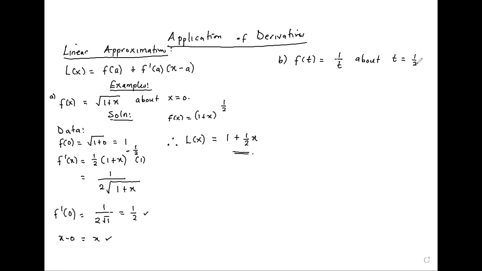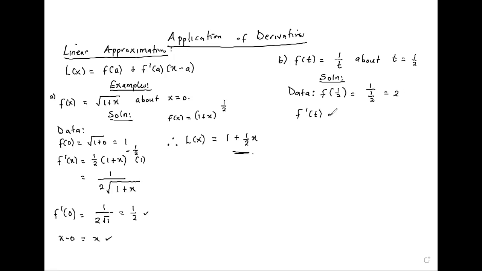So going there, say, okay, solution, we'll collect data. So say f of half, that will be 1 over half, which is 2. You differentiate the function f prime of t.